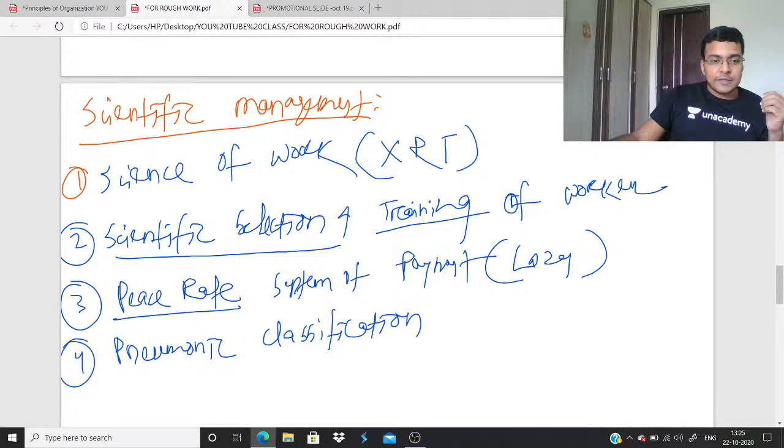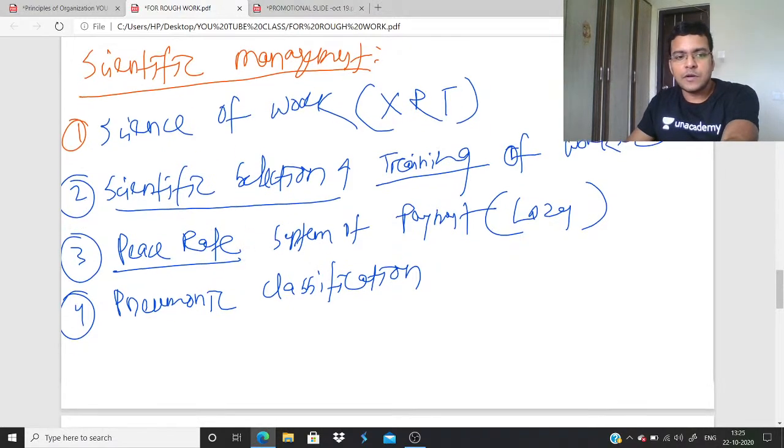That means every work of the organization is classified. Every work is given a symbol so that employees are not confused. There is division of work, that is mnemonic classification.